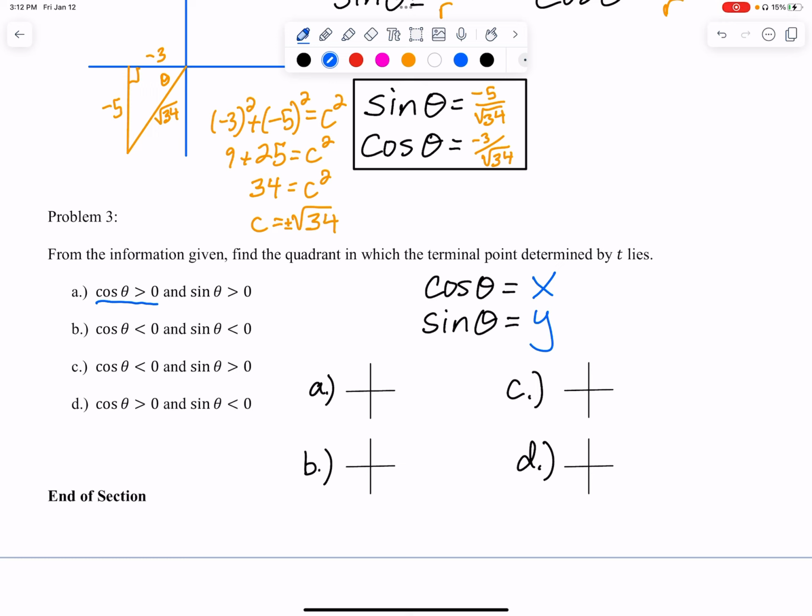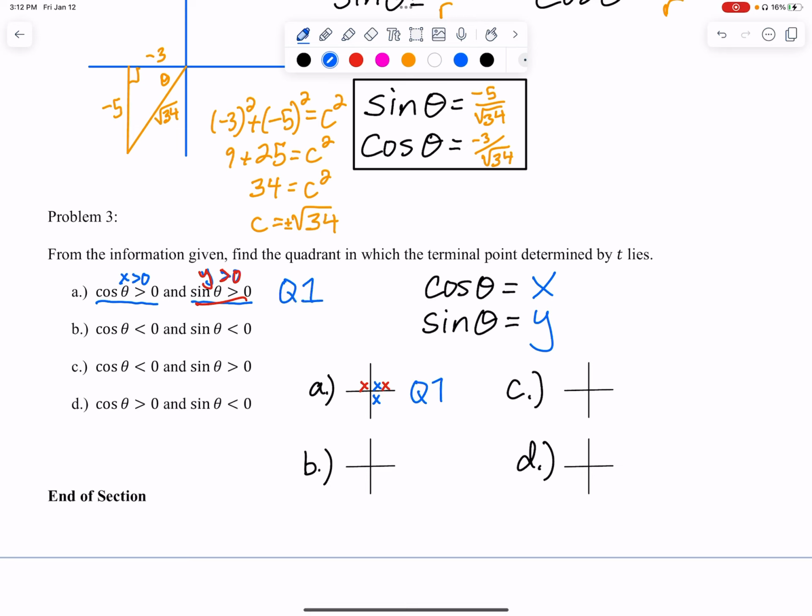So I'm going to put x's where they could be. Here's greater than 0. Here's greater than 0. Remember, cosine is x. That's where x is positive. This also says sine. So this meant x is greater than 0. This meant y is greater than 0. Well, y is greater than 0. Let's put it in red, actually. Here and here. Well, my answer is going to be where they're both possible. So this is quadrant 1.